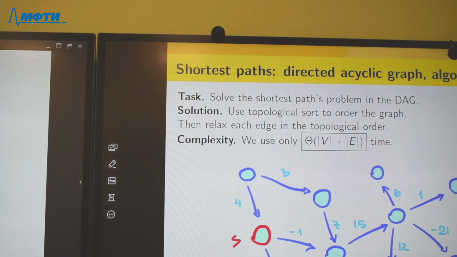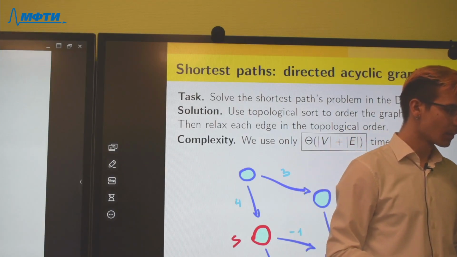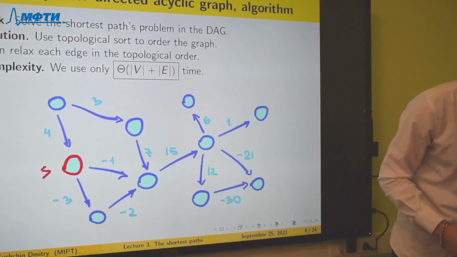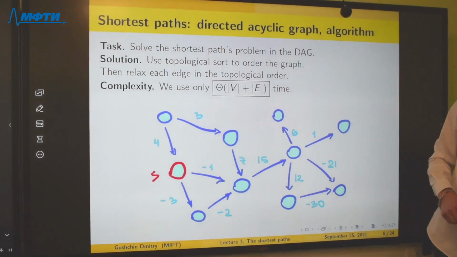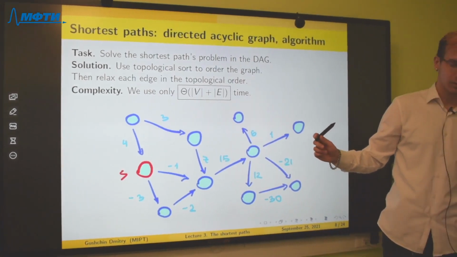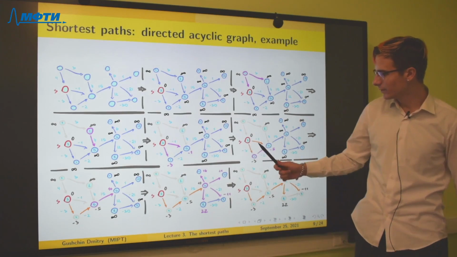So we visit every edge only once, but after every visit, the number of the vertex changes, right? The numbers that we have after topological sort don't change.